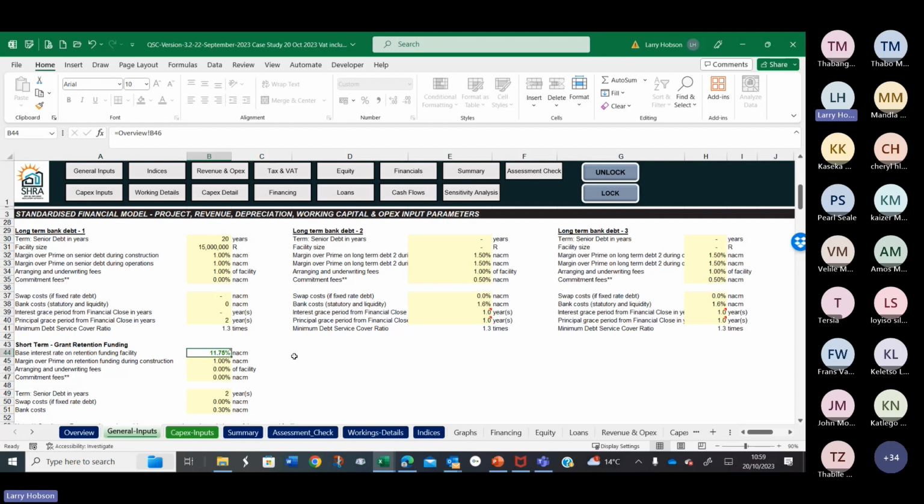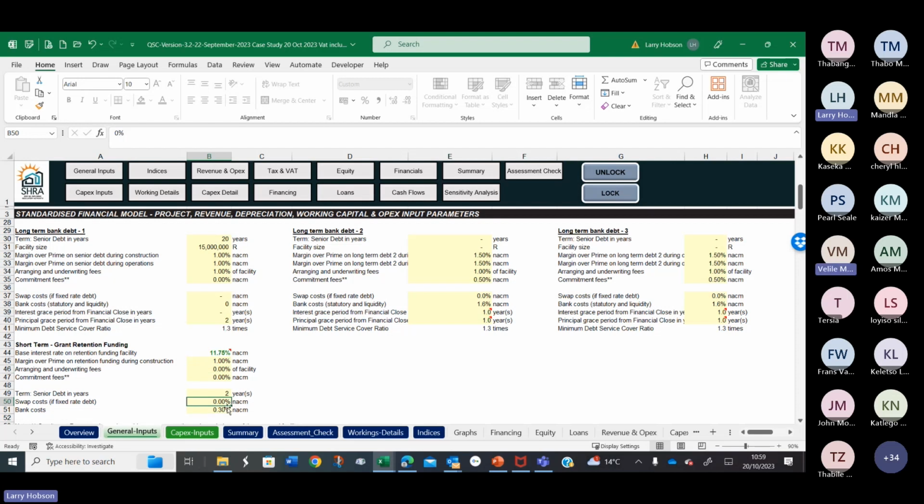So the base interest rate, that's the current prime rate, which is entered by the SHRA and updated every time you get sent a QuickScan C. And there's a margin above prime on retention funding during construction. 1% is the default. No arranging, underwriting or commitment fees.